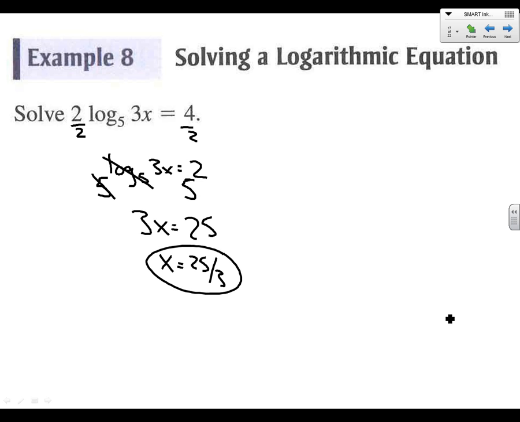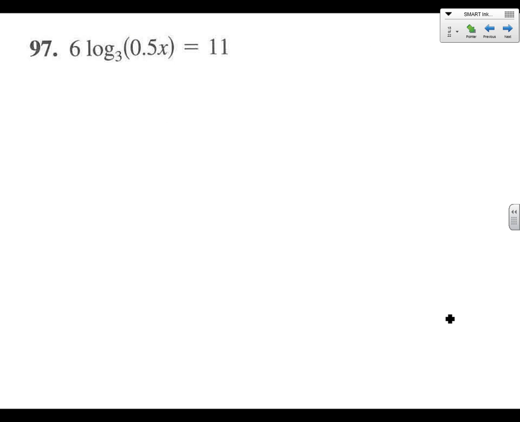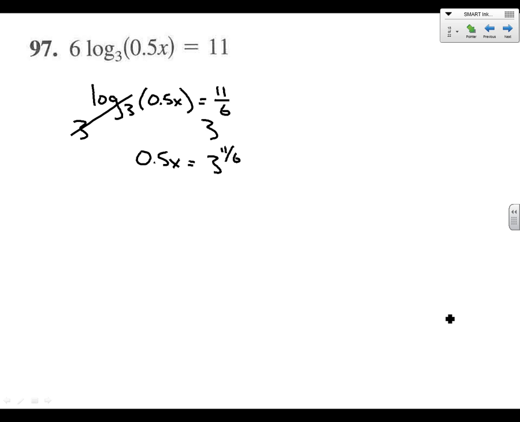And so see if you can do the same steps on problem 97. Log base 3 of 0.5x equals 11 over 6. We're going to raise everything to the power of 3. 0.5x equals 3 to the 11/6. That's 3 to the 11th and then the 6th root of that.